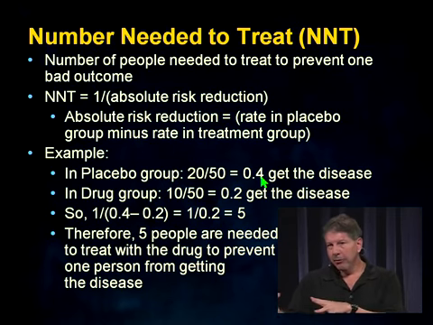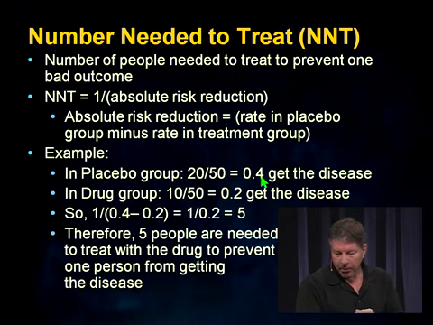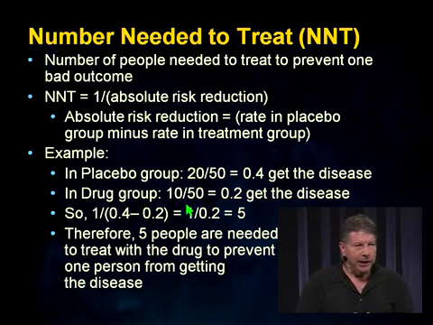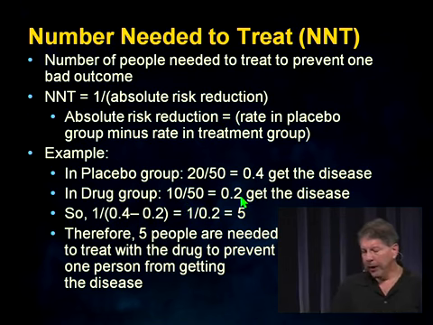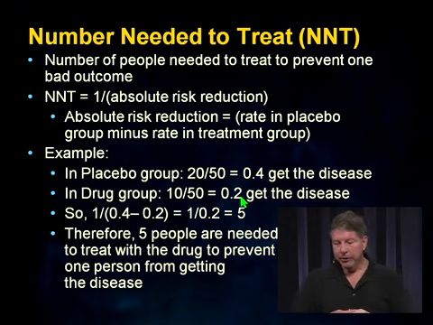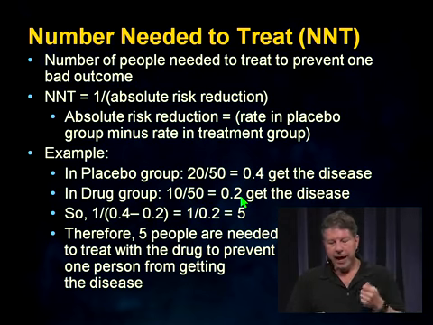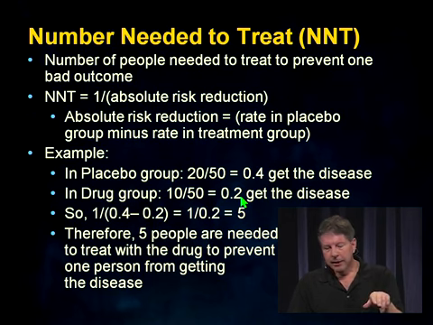Okay? So that's the people who didn't get my drug. The kids who get my drug, we start with the same number, 50 here. And in that group, down the road, 10 out of 50 end up getting ADD. So it's only 0.2. Okay. So then what they want to know is, what's the number needed to treat? And so what you do is you need to look at the absolute risk reduction, which is you do 1 divided by the rate in your placebo group minus the rate in your treatment group.